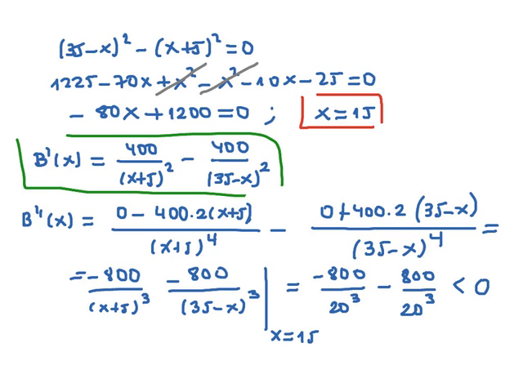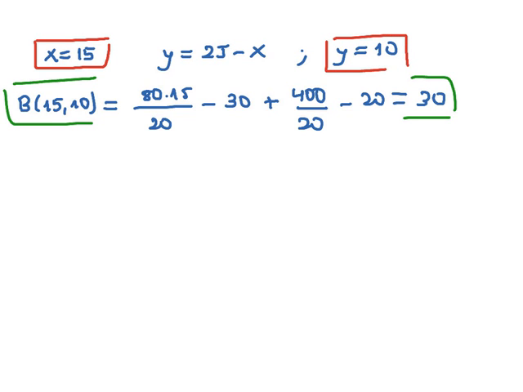So we can conclude that x equals 15 is a maximum of the objective function. To know the value of y, we must replace x in the restriction, and we get that y is 10.